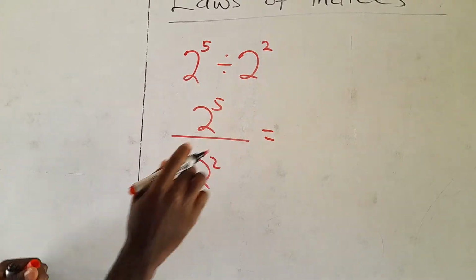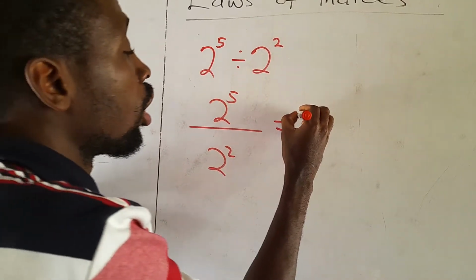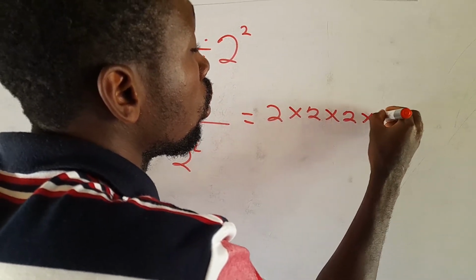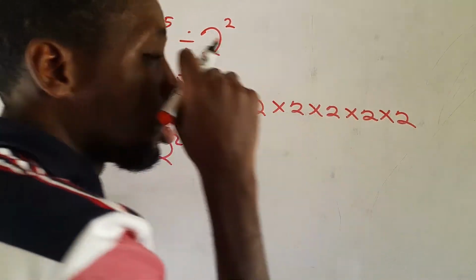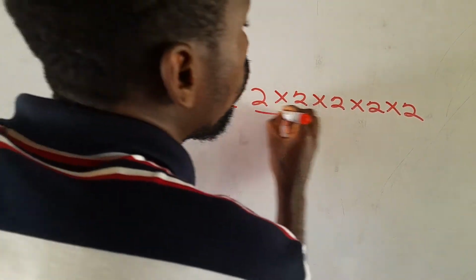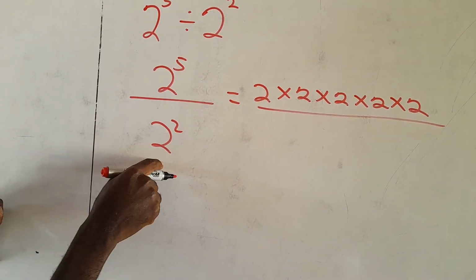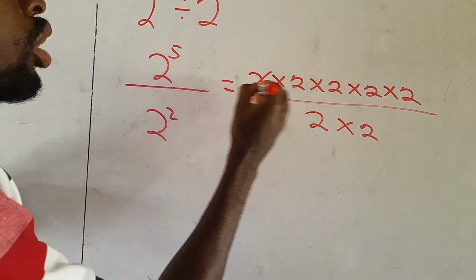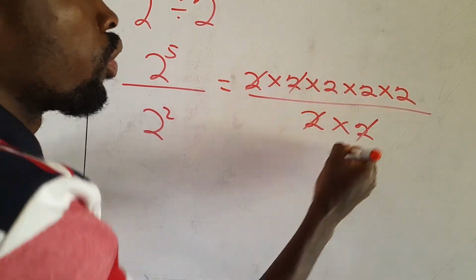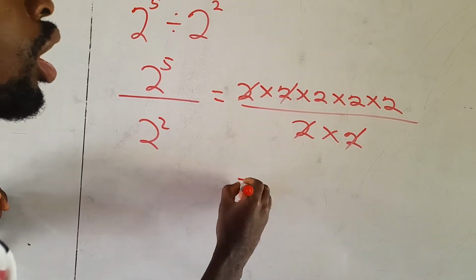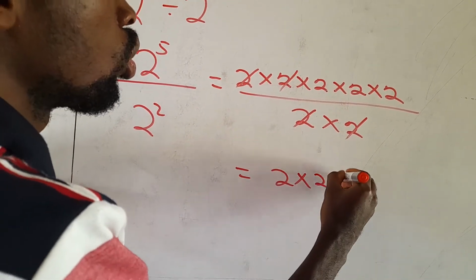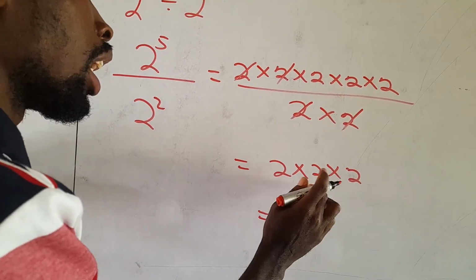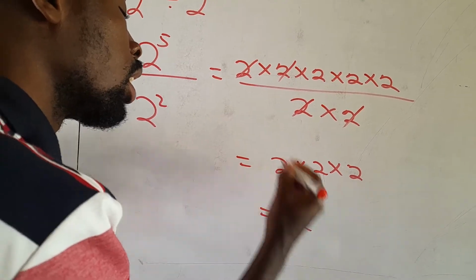When we expand this, it means 2 multiplying itself 5 times, that will be 2 times 2 times 2 times 2 times 2, over 2 multiplying itself twice, so 2 times 2. These two will divide these two. What is left? We'll be left with 2 times 2 times 2, which can be rewritten in index form as 2 exponent 3.